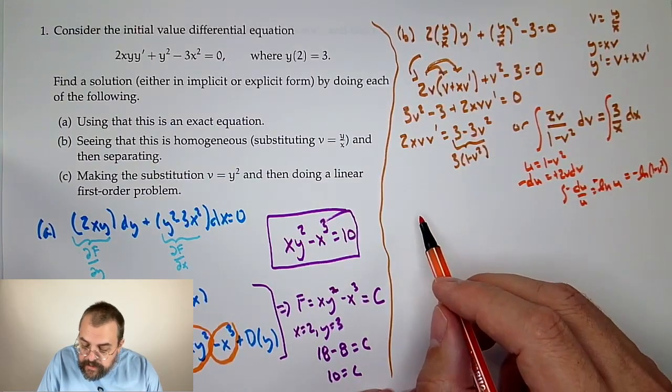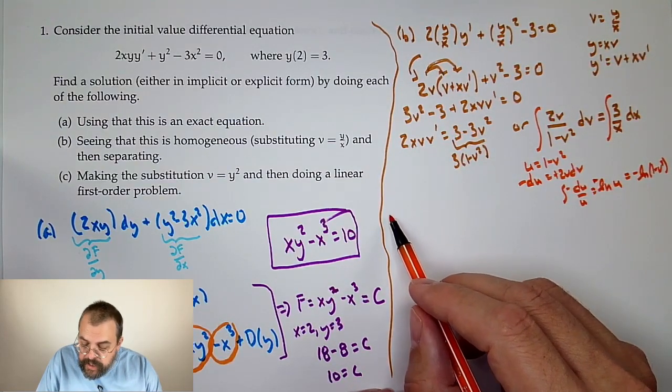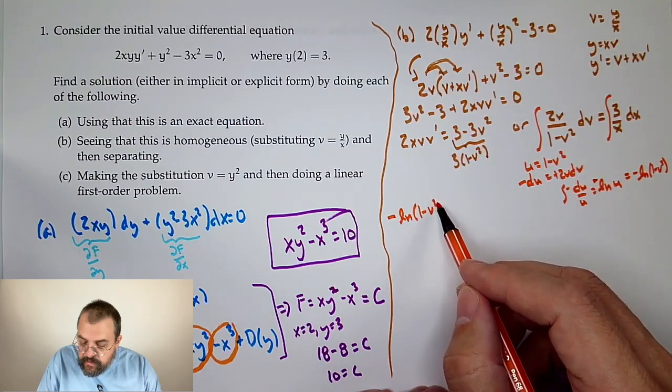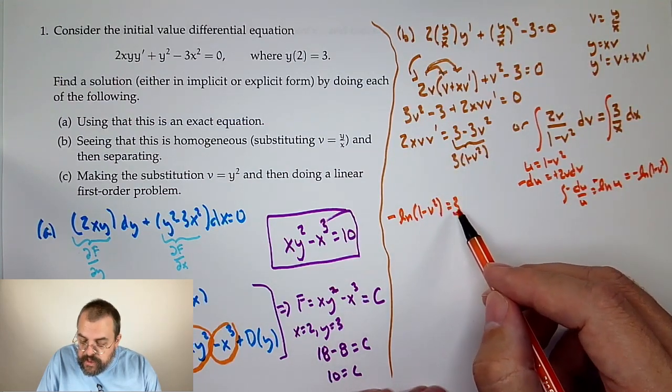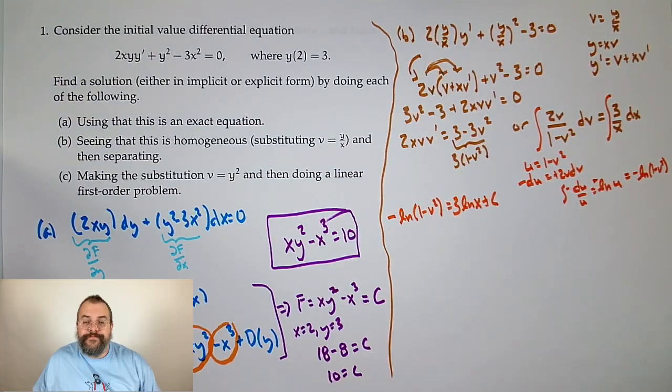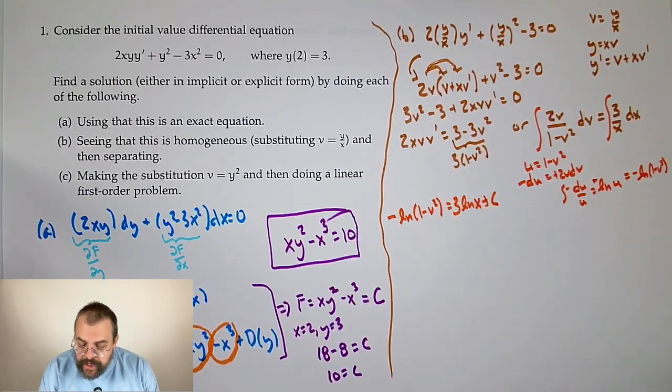So we have minus log 1 minus v squared equals 3 natural log x plus c. Okay, great. This is wonderful progress.